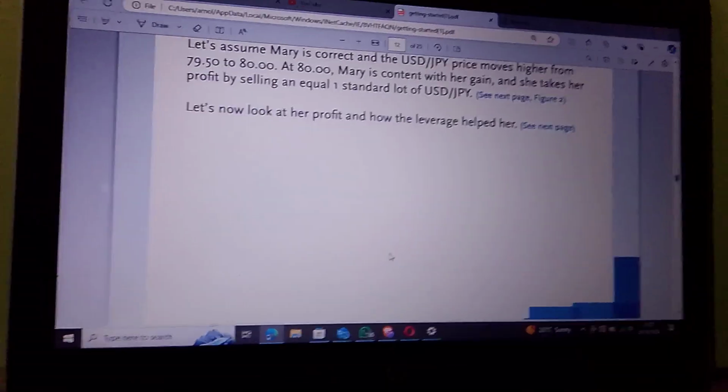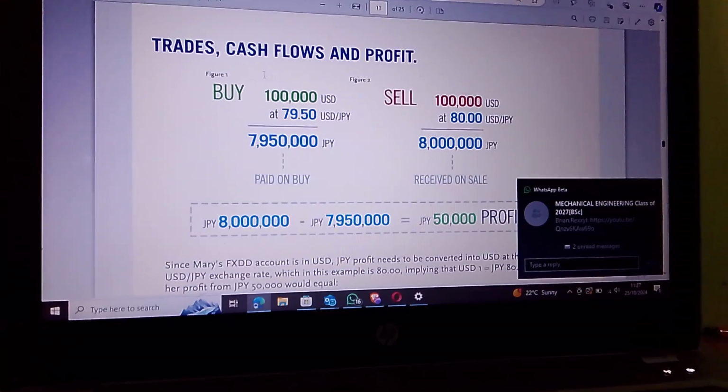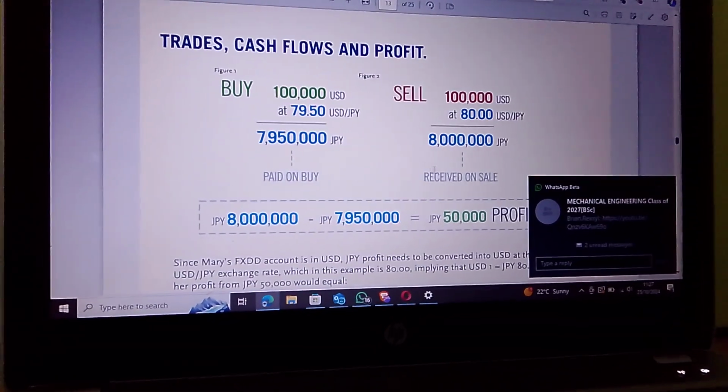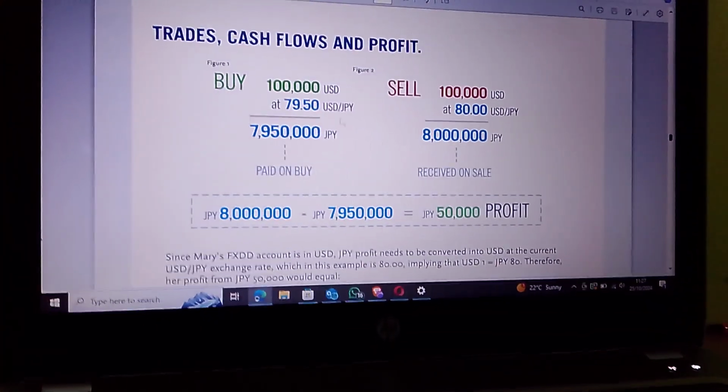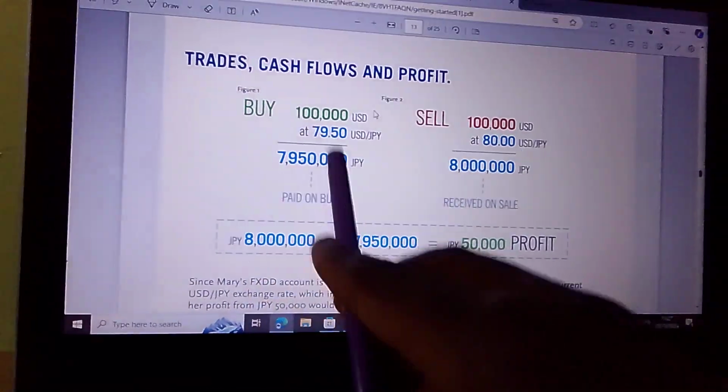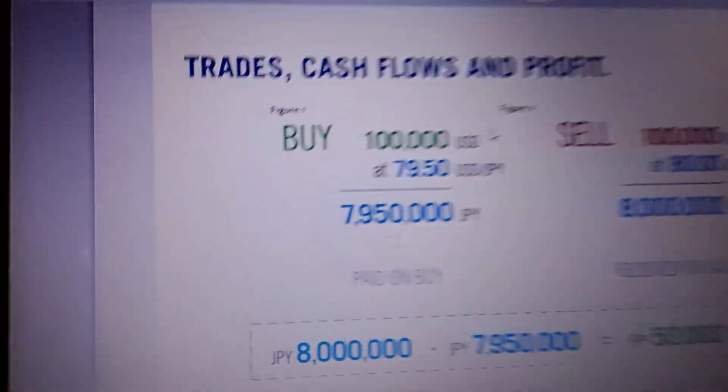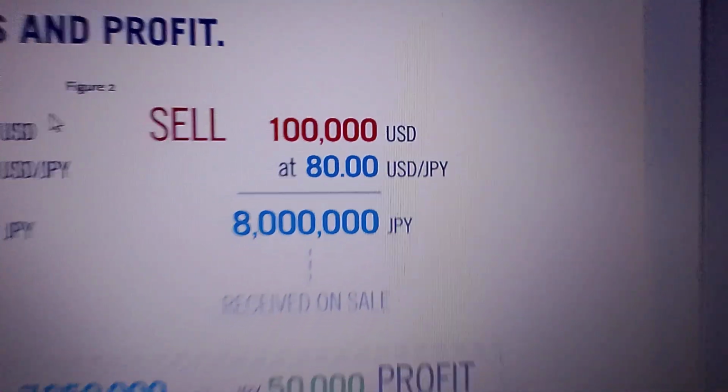So now let's look at how leverage helped her. This is figure 1 that we had gone through, and now this is figure 2.